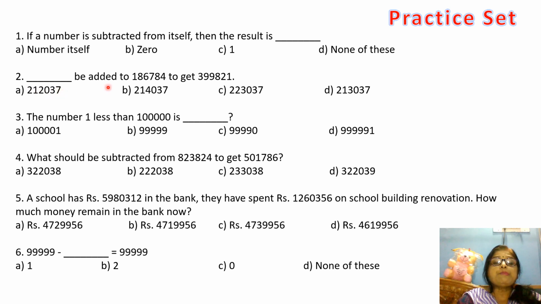Second one: dash will be added to this one to get 3,99,821. So recall all the rules for each and every question and try to solve question number 1, 2, 3, 4, 5, 6, and then you send it in the notes.